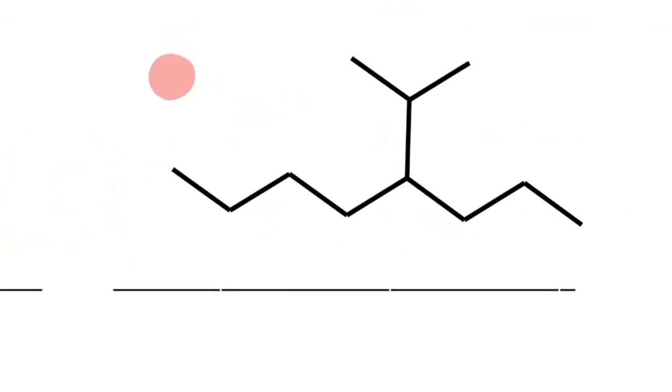Let's do the last example that we have here. What is the longest continuous chain of carbons that we have in this molecule? Let's put the number in the chat. I agree with that, 8 carbon atoms.